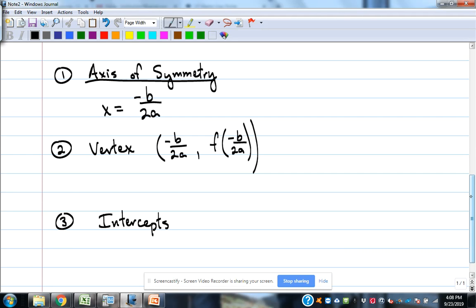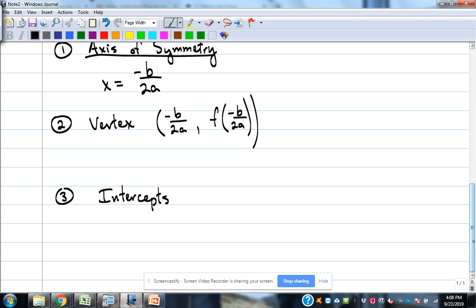What kind of intercepts can we have? We can have x-intercepts. We can have y-intercepts. X-intercepts are a little tougher to find. Y-intercepts are always, if it's in standard form, going to be at 0 and then plug in a 0 for x.